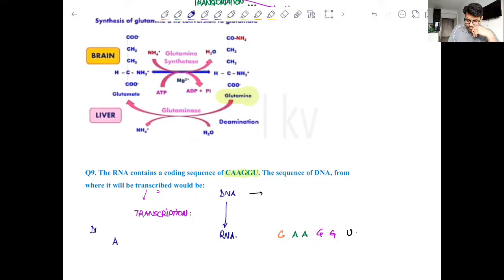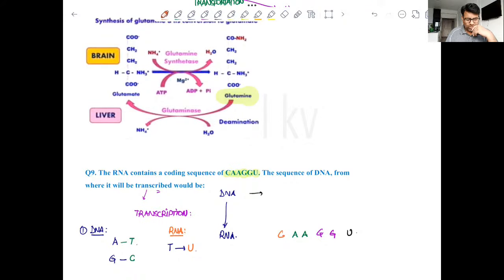In DNA, just couple of things. In DNA, A pairs with T and G pairs with C. Clear? This is in DNA. And in RNA, T is replaced by U. Clear? So T is replaced by U.